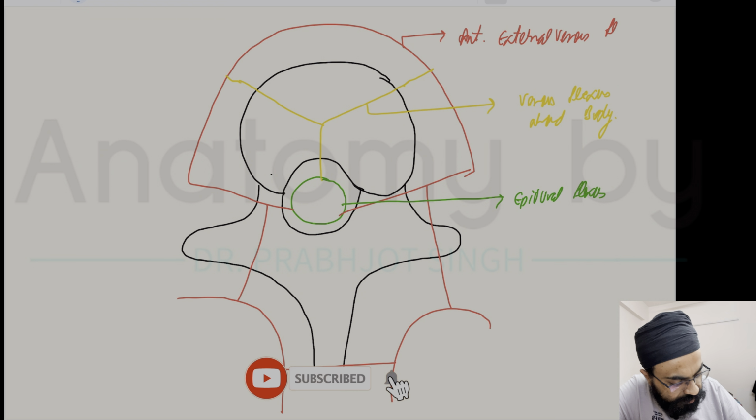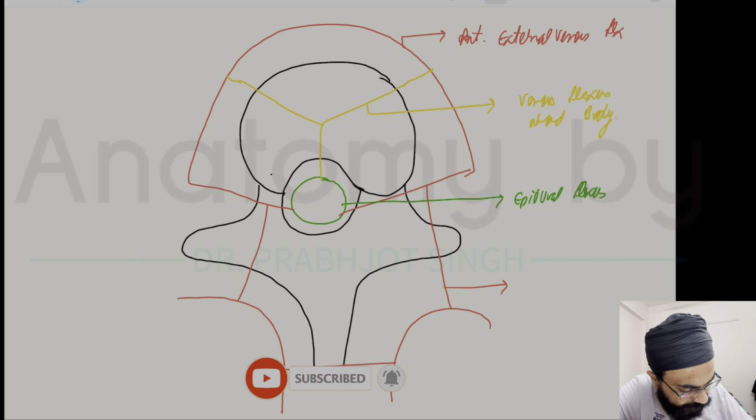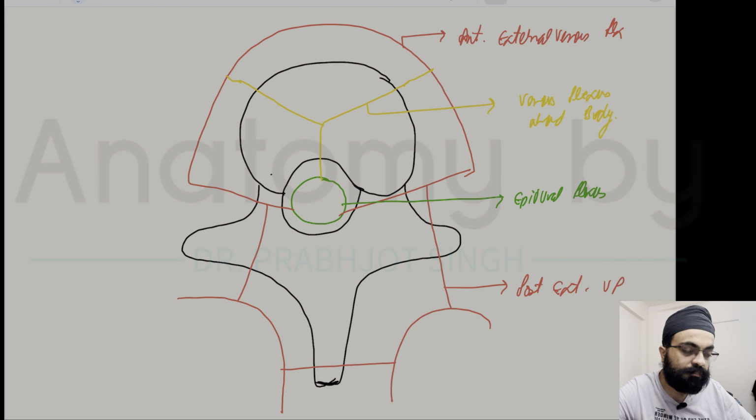The external venous plexus is divided into two parts, the anterior and posterior. So that is about the various parts of the Bateson's plexus. Now we'll talk about each part in detail.